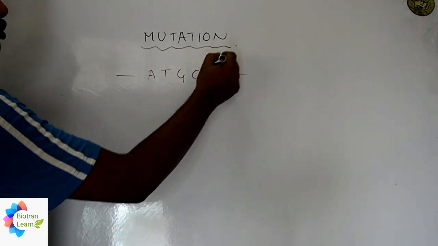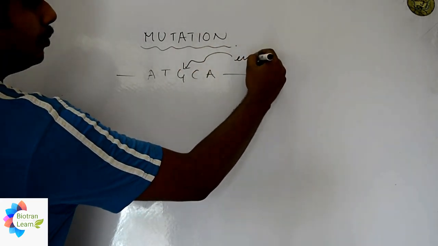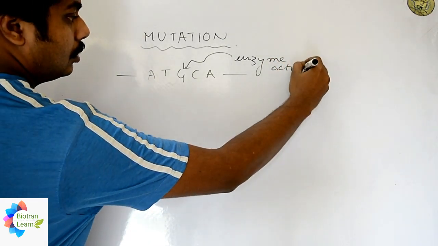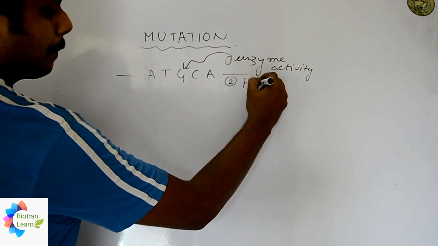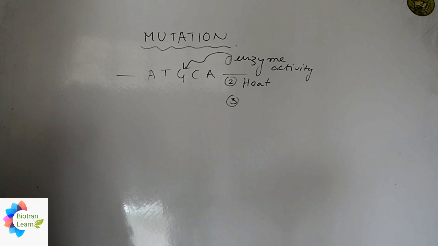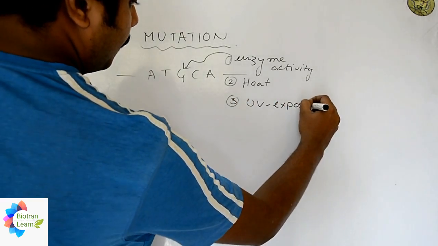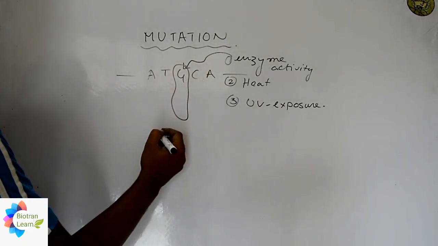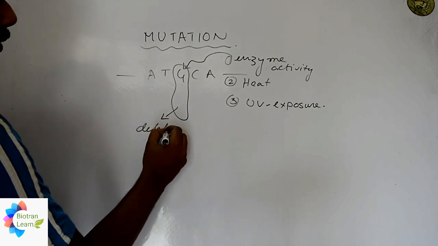Now, due to certain reasons, suppose number 1, enzyme activity, number 2, heat, number 3, UV exposure, certain types of bases get deleted.